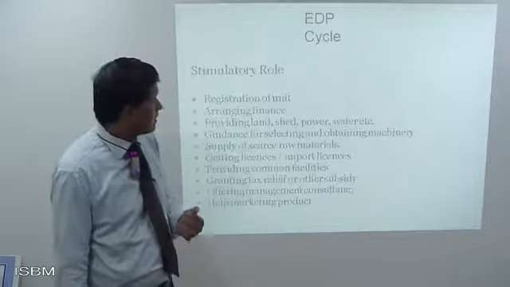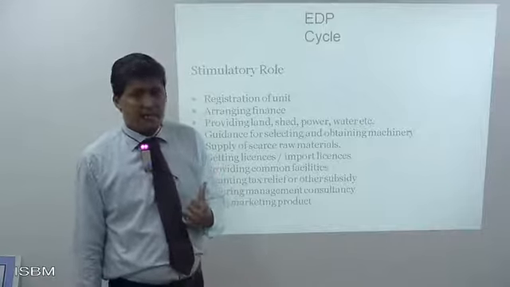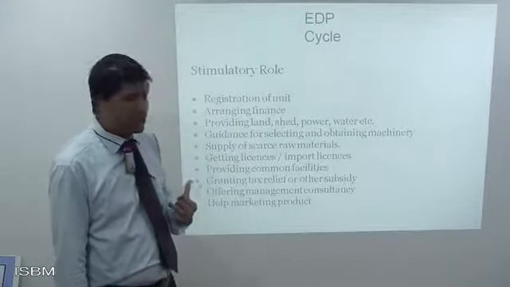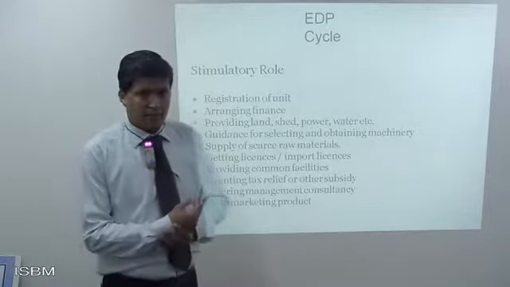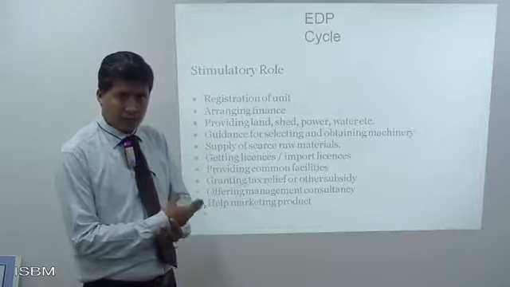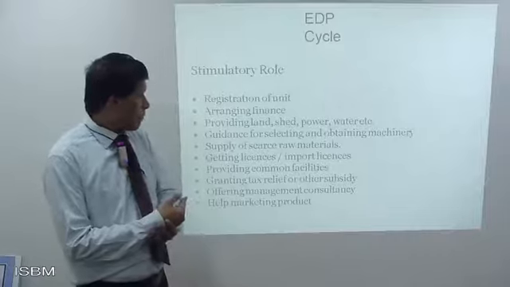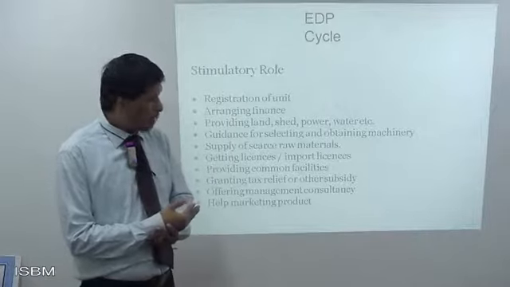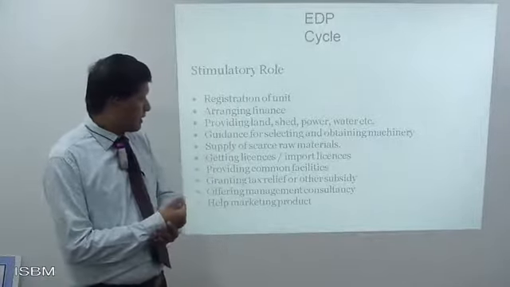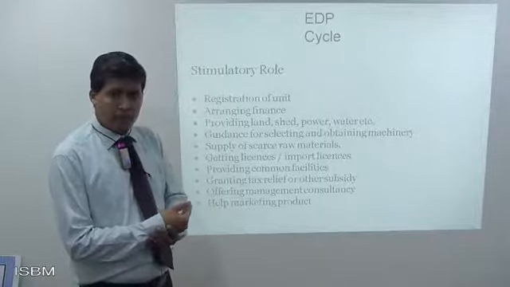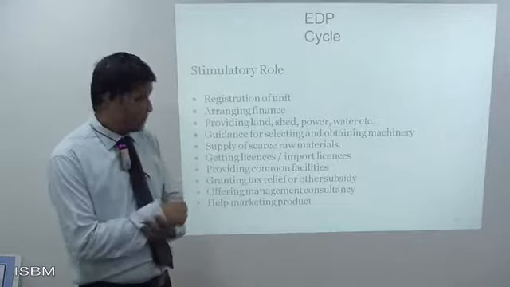The EDP cycle starts from the stimulatory role, right from registration of the unit, the procedures involved, arranging finances, providing land, shed, power, water, guidance for selecting and obtaining machinery, and the guidance is important.